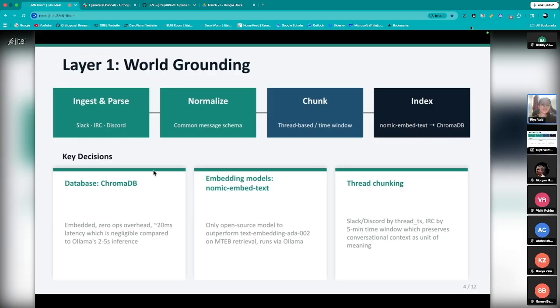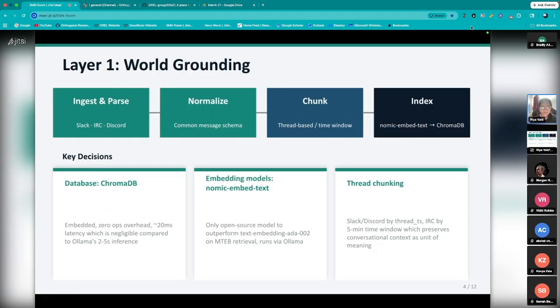The key architectures of this layer: I have done the research regarding it, evaluated and compared it with other methods out there, and all the details are linked in my proposal document. So these are the things that I'm proposing right now. For the database, I'm going with Chroma because the latency is 20 milliseconds, which is negligible compared to Ollama's 2 to 5 seconds inference.